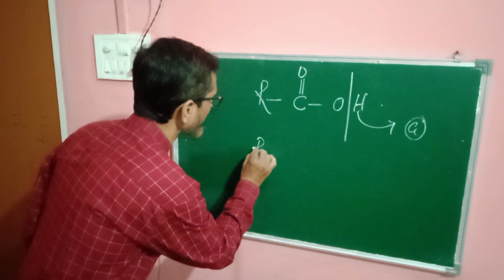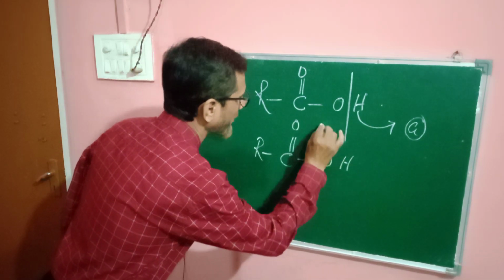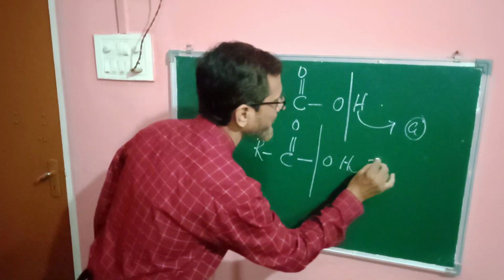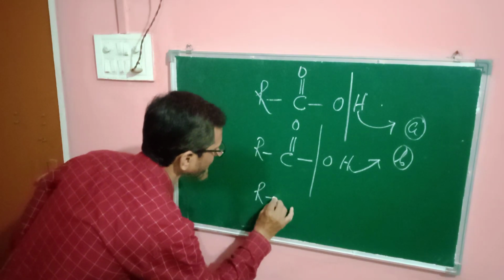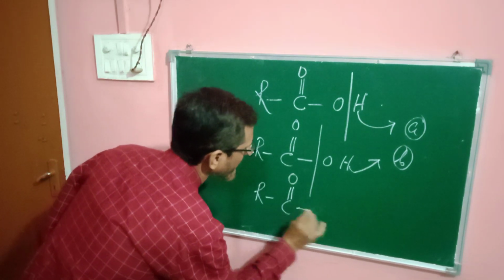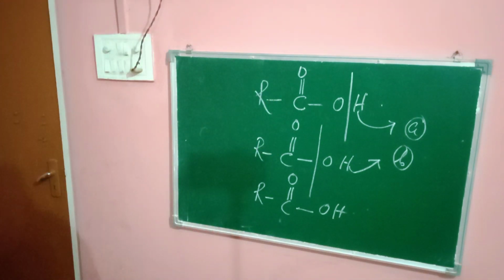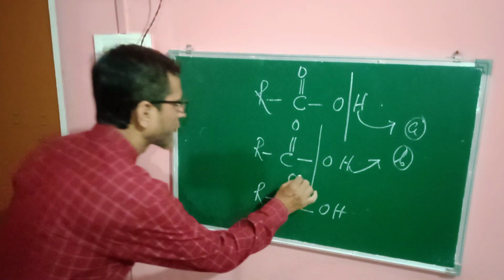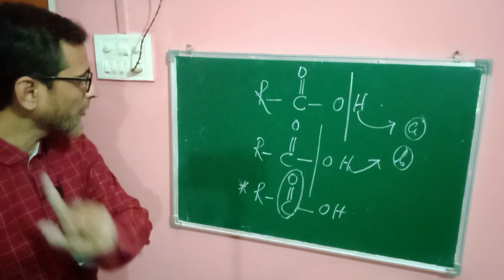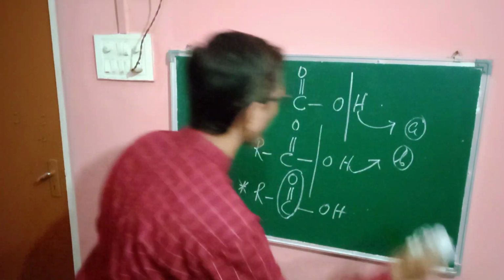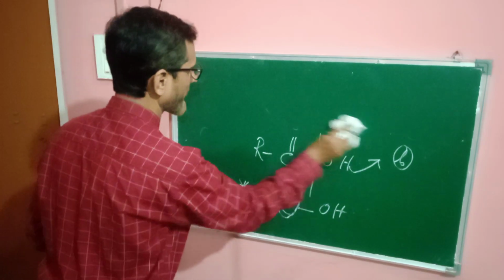Second type of reaction involving OH. Third type of reaction involving CO group. Just keep it in your mind, CO group. You are getting 1, 2, 3. Three types.